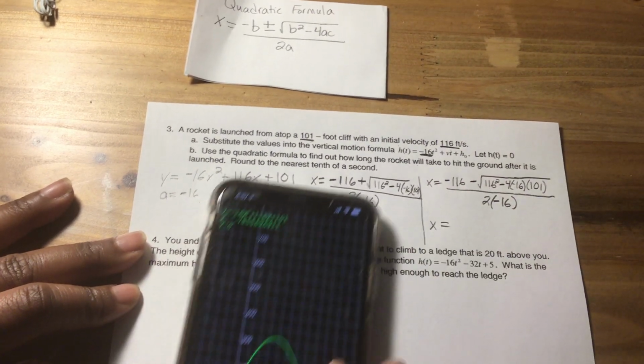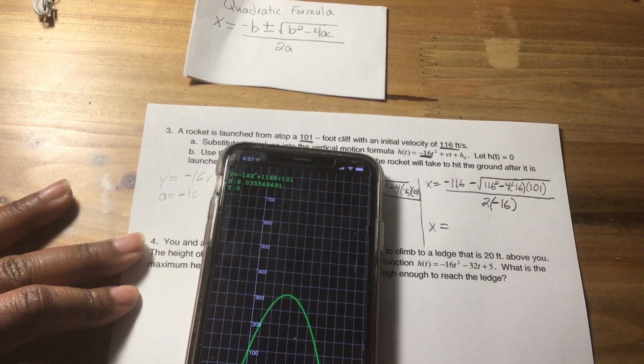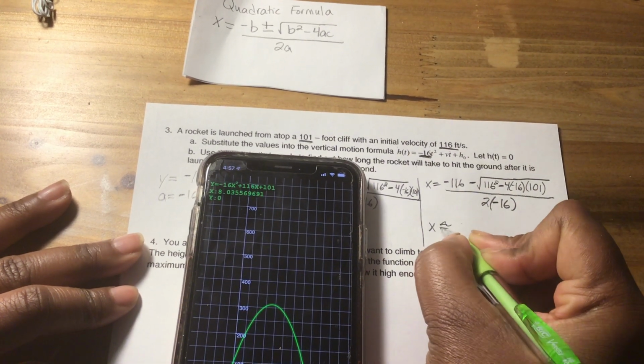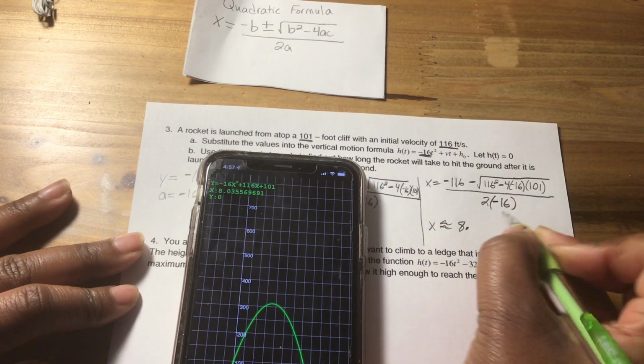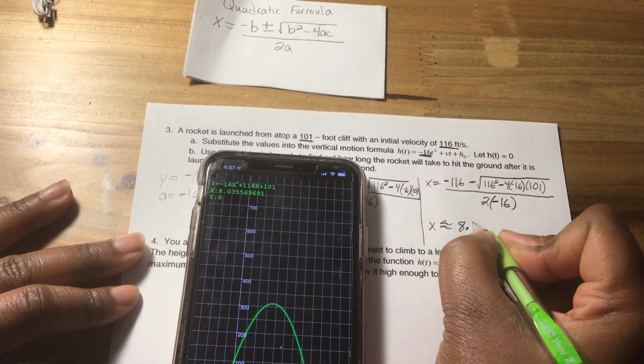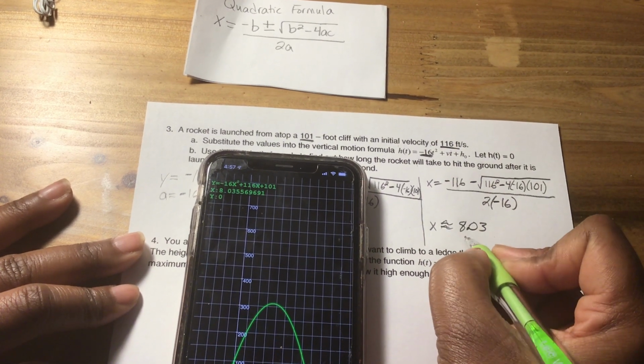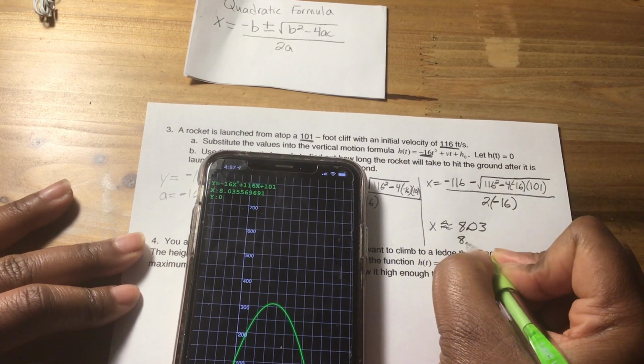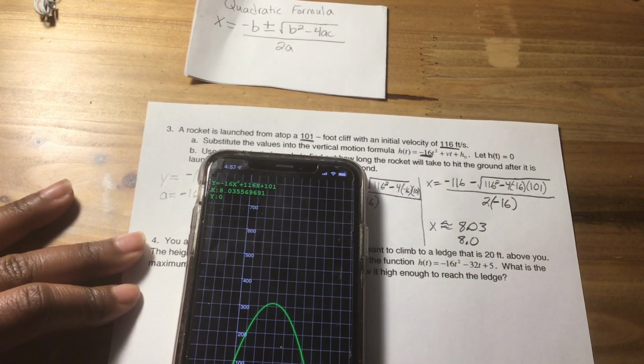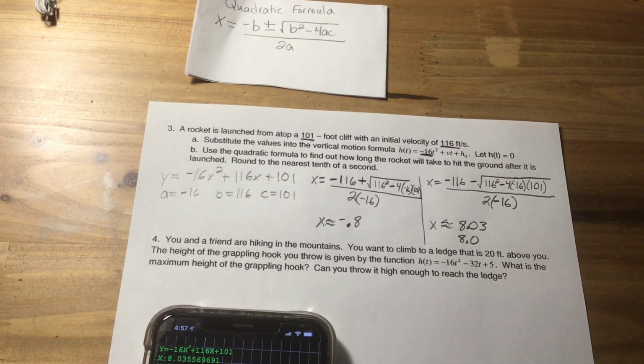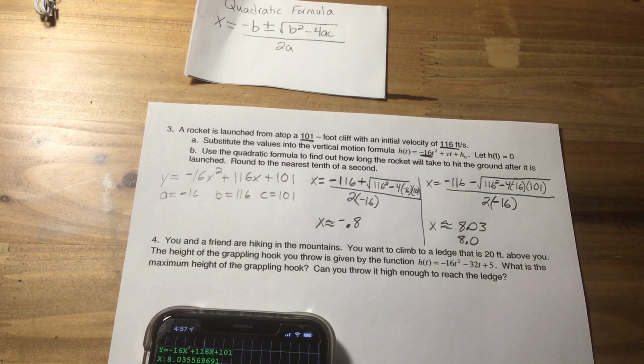And then you should get a positive about 8.03, but they want you rounded to the nearest tenth, so it's going to be about 8.0. And so that's what you do in these particular problems.